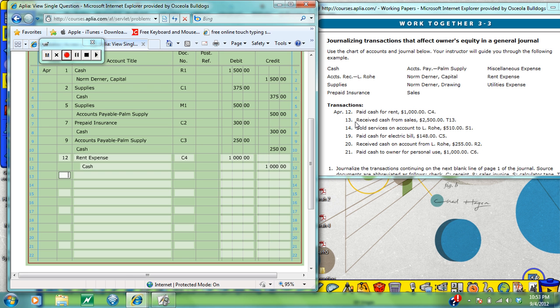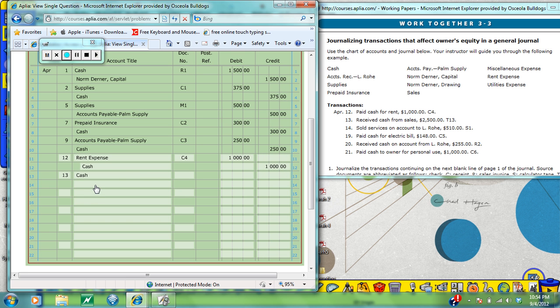On the 13th, received cash from sales. In other words, our cash register had $2,500 in it. And that is cash register tape 13. So what went up? Well, cash did, and of course sales did.